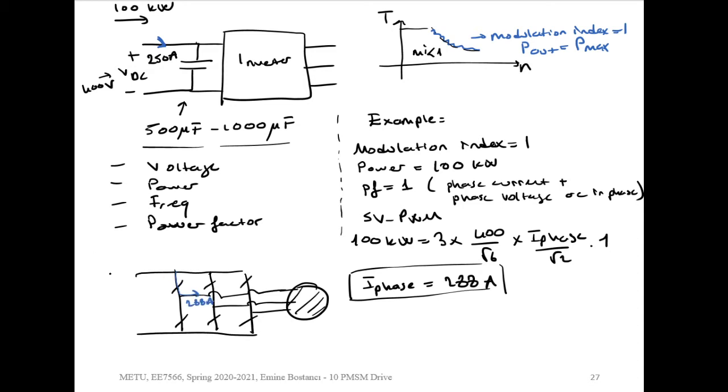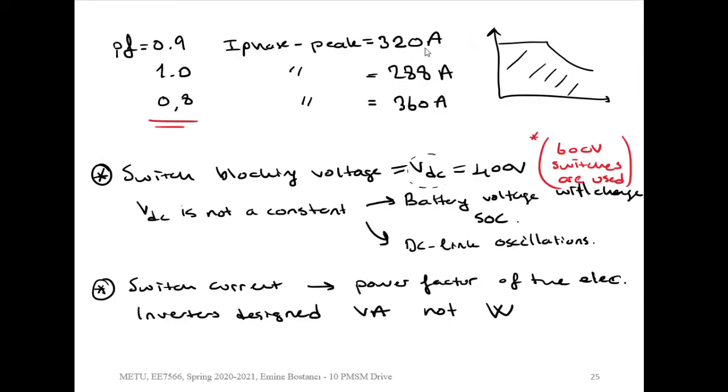But the DC link can only supply 250 amps. So it means that throughout this duration, this extra current has to be supplied also by the DC link capacitor, otherwise we cannot have that much current. For example, if the power factor decreases, then this current is going to increase, as we discussed, to 220 or 360.